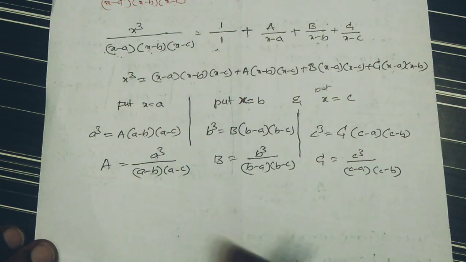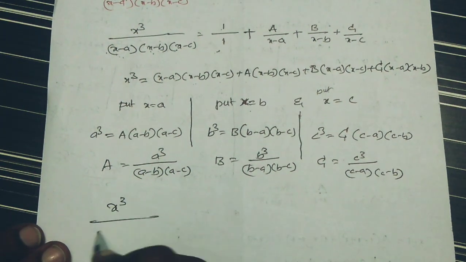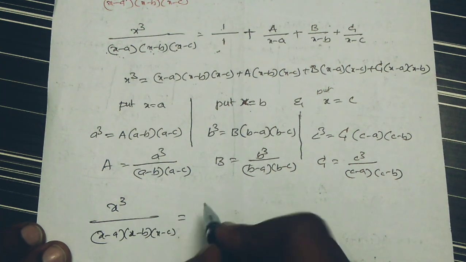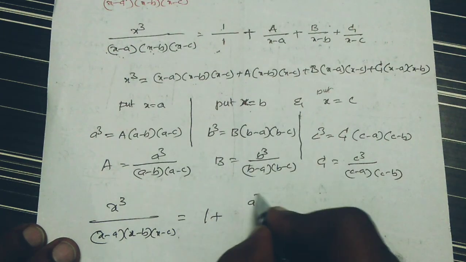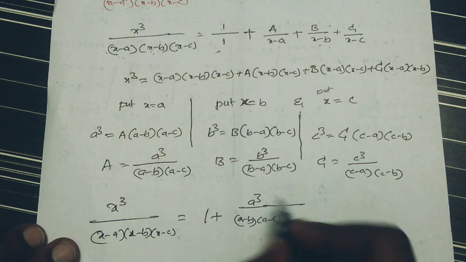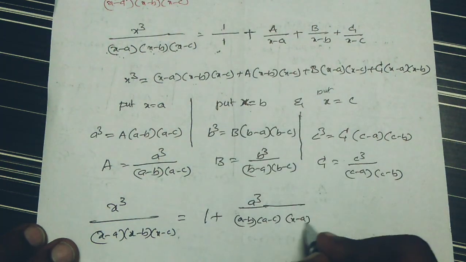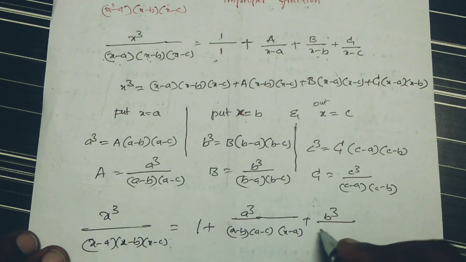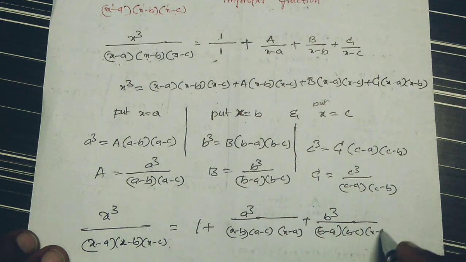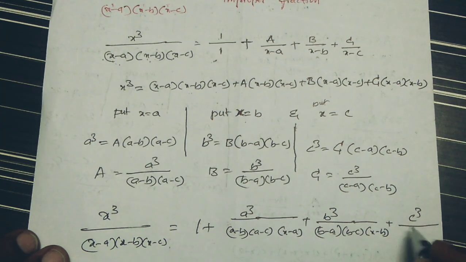Therefore the partial fraction for the given improper fraction x cubed by (x - a)(x - b)(x - c) is 1 plus a cubed by (a - b)(a - c) into 1/(x - a), similarly b cubed by (b - a)(b - c) into 1/(x - b), and then c cubed by (c - a)(c - b) into 1/(x - c). Is it clear?